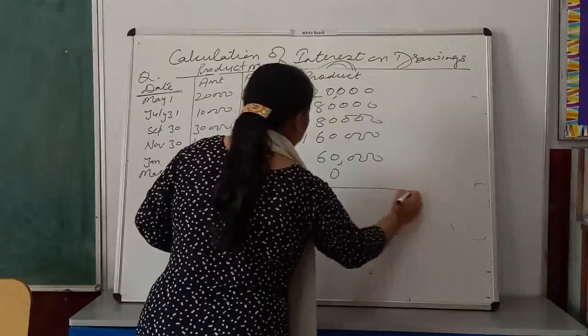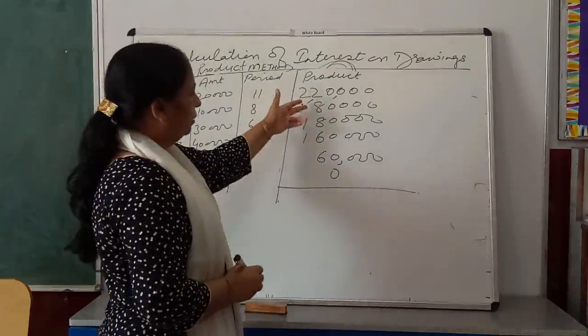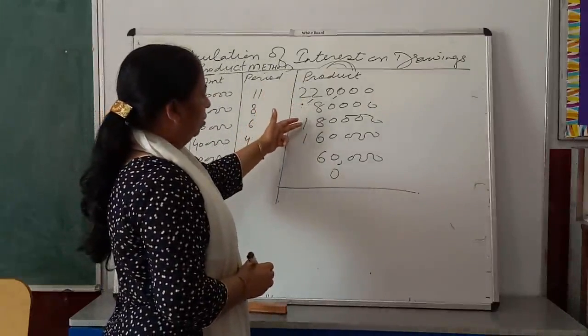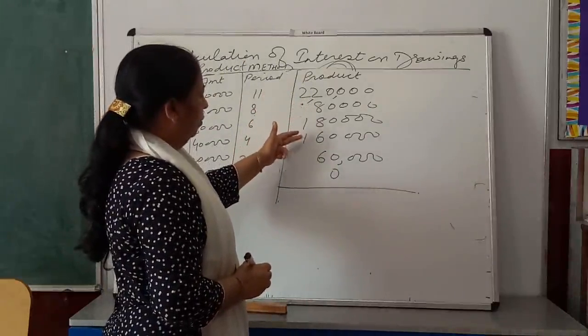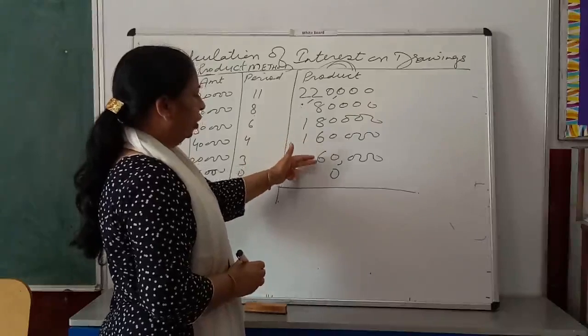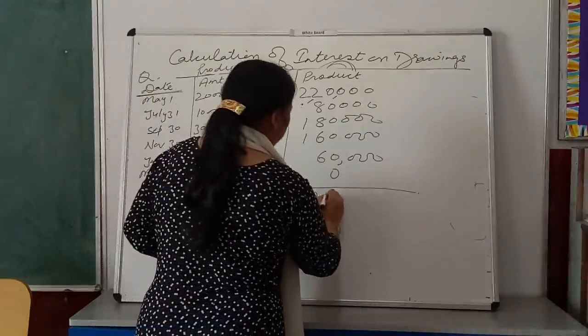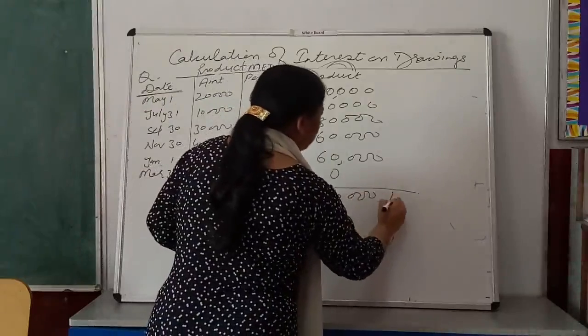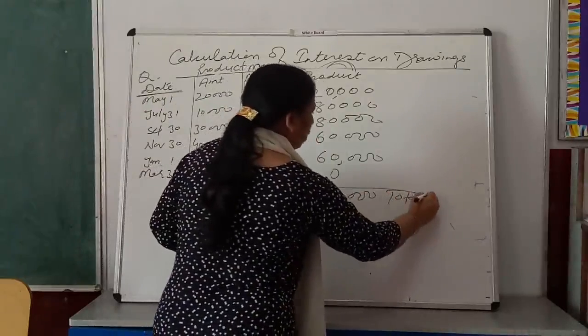Do the total. 220 plus 180 is 400, 400 plus 180 is 580, 580 plus 60 is 640, and 60, 7 lakh. 7 lakh is your total product.